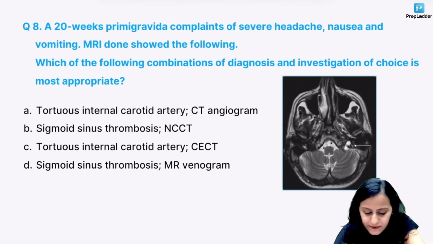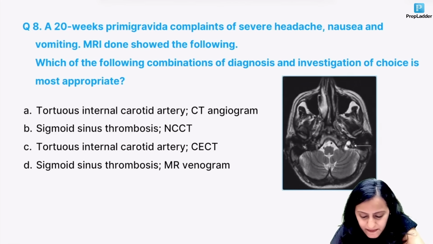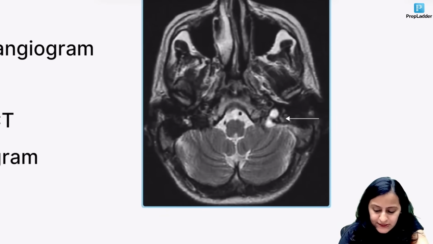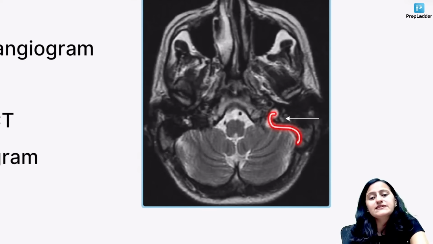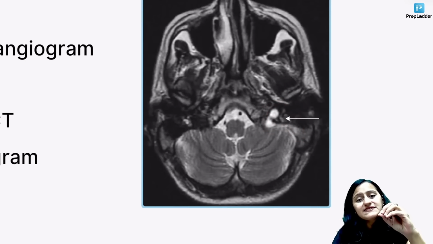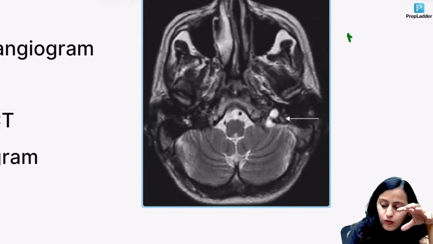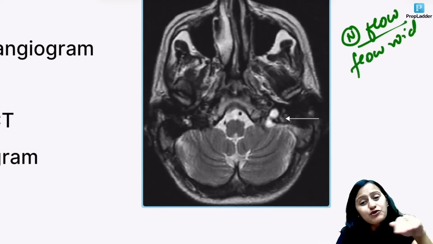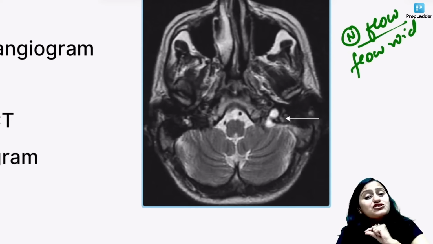Okay, next one. Which of the following combinations of diagnosis and investigation of choice is most appropriate? Look at the arrow. What is it pointing to? So this is pointing to the sigmoid sinus. Now remember that in MRI, any vessel with flowing blood gives a flow void. Normal flowing blood gives a flow void. That means the flowing blood does not give any signal. It should appear black.